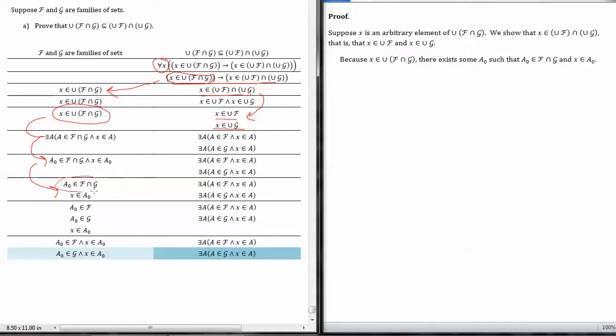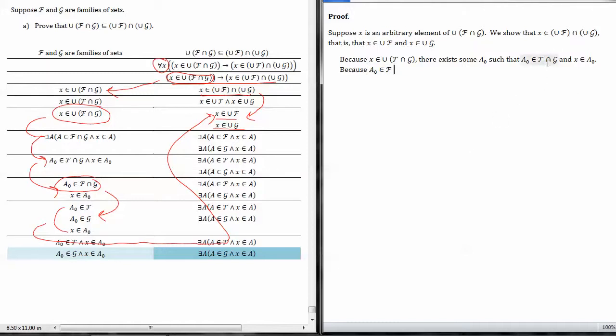Now this a naught in the intersection became these two, and then we combined a naught in f with x in a naught to obtain this statement here, which gave us this existential statement, which was the definition of x in the union of f. Okay, so we say because a naught is in f, right?